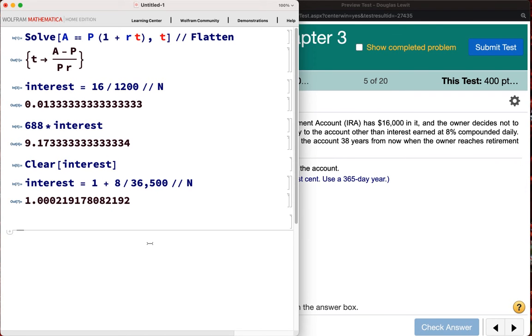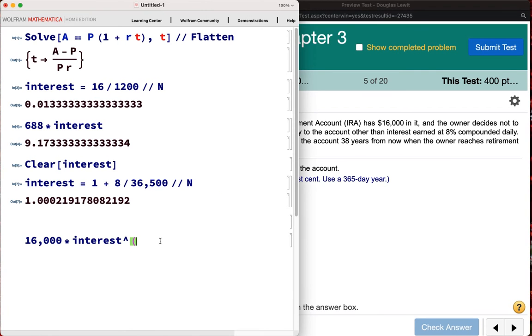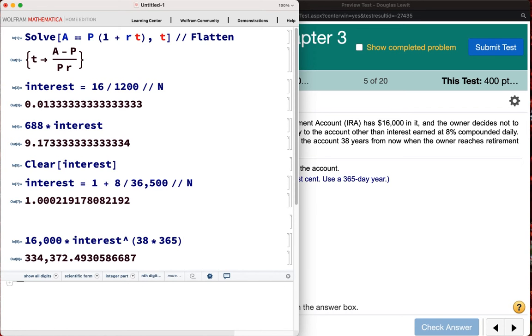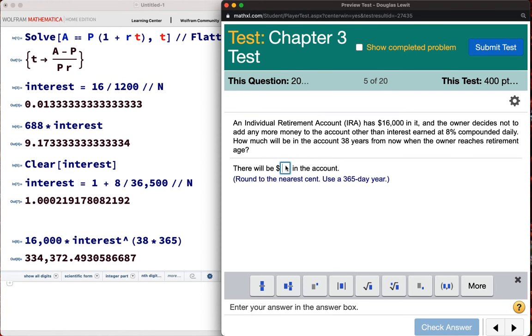And $16,000 times interest to the power of, let me see, 38 years times 365 days in a year. That seems like quite a lot. Let's see.